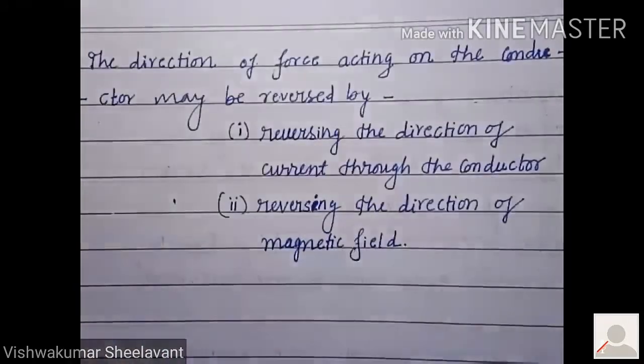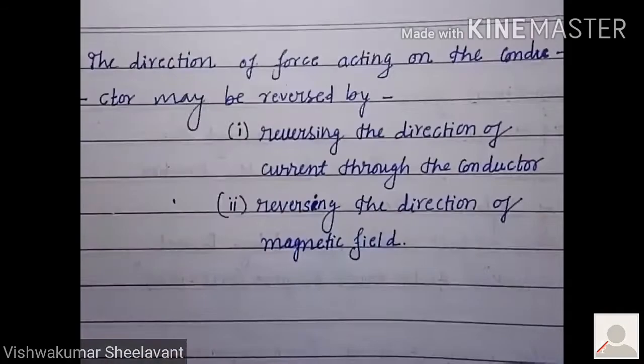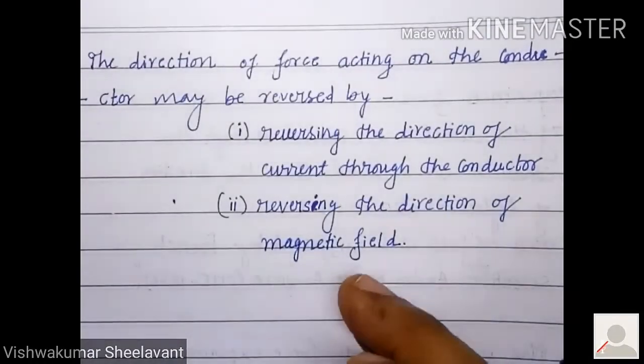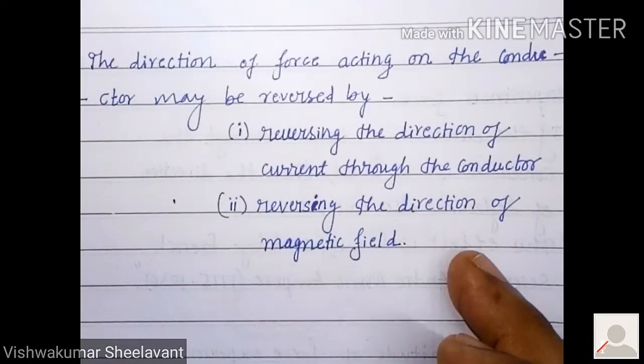Any one of these two we have to do, not both at a time. Only reverse the direction of current or only reverse the direction of magnetic field, not both, right?